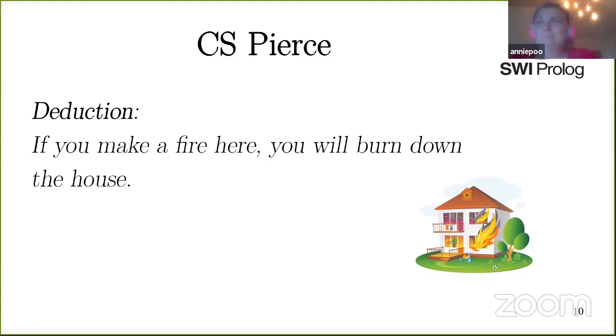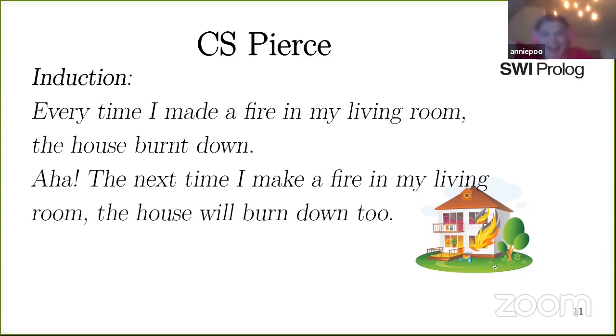His second type is induction. Every time I made a fire in my living room, the house burned down. Aha! The next time I make a fire in my living room, the house will burn down too. This is going from a collection of prior events to finding new rules.